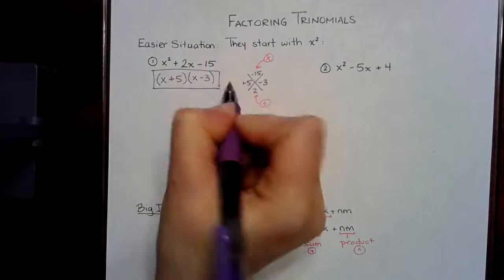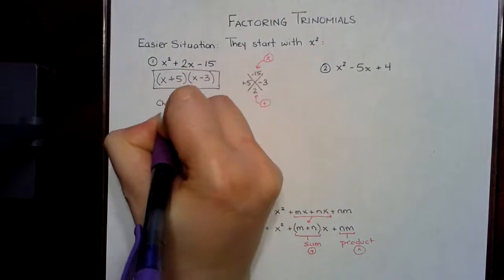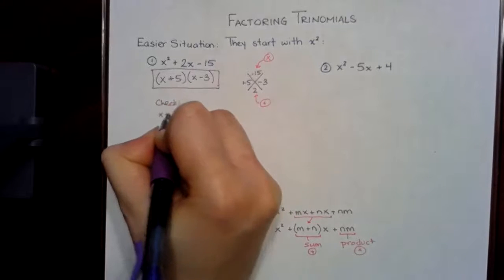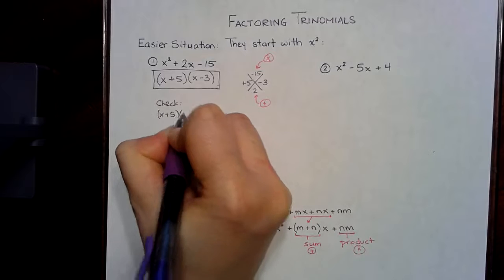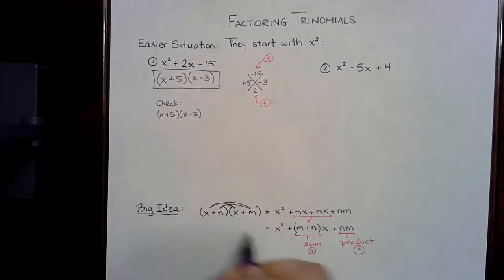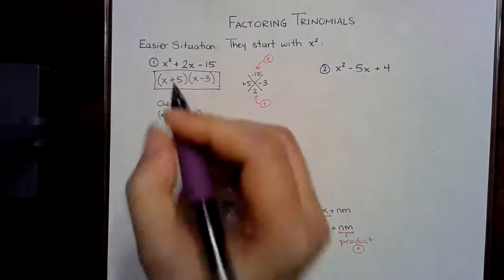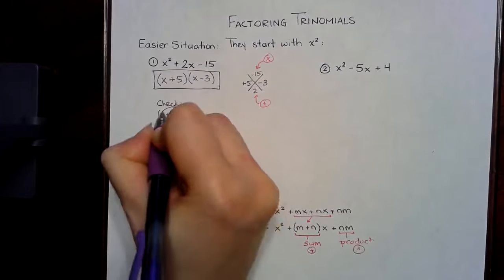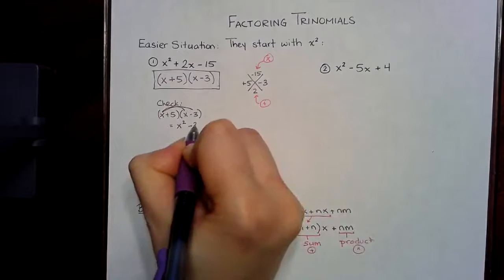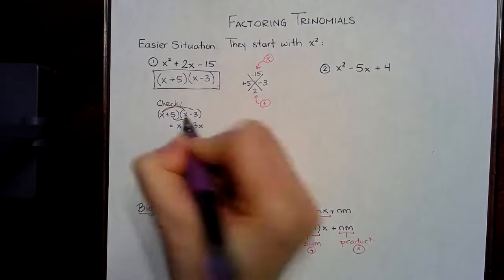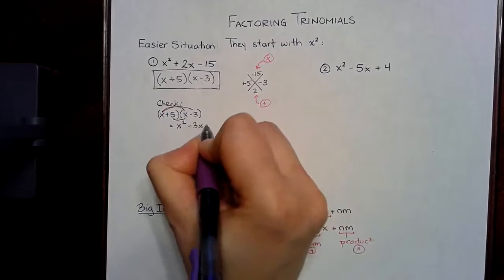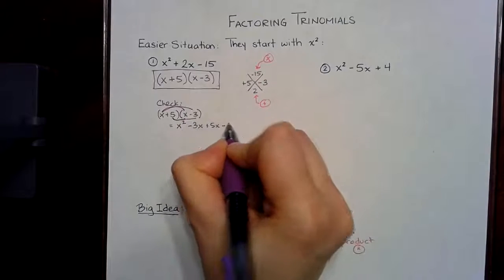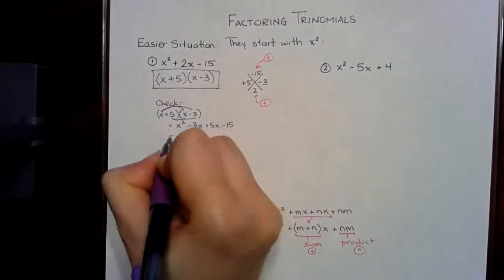Now, if we wanted to check whether that answer was correct, I can just do out the distributing problem. X times x gets me x squared, x times negative 3 is minus 3x, 5 times x is plus 5x, 5 times negative 3 is minus 15.